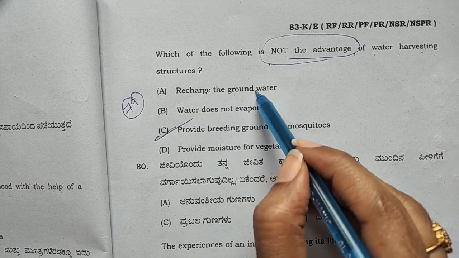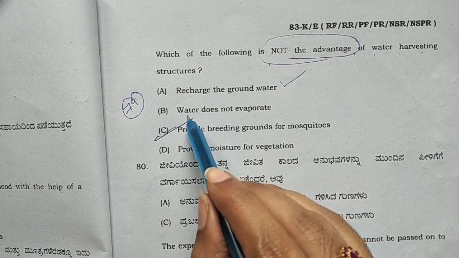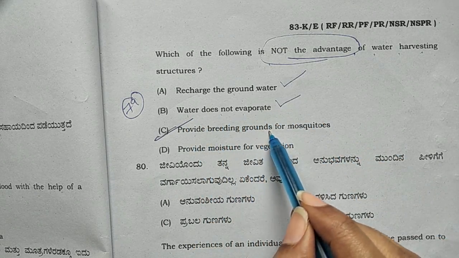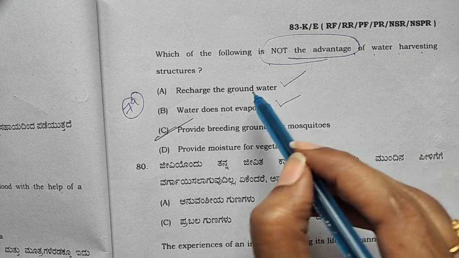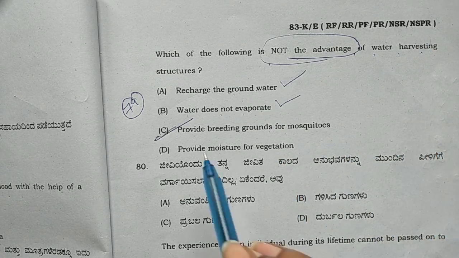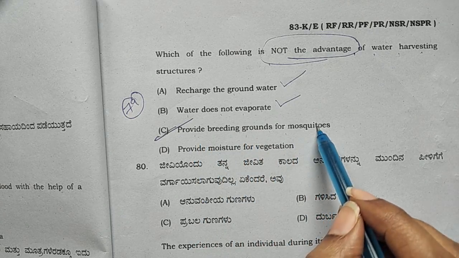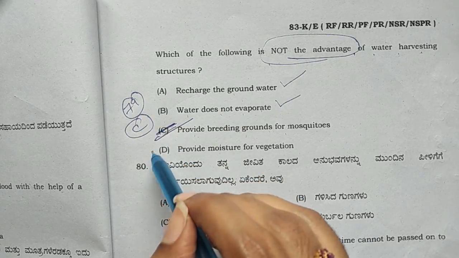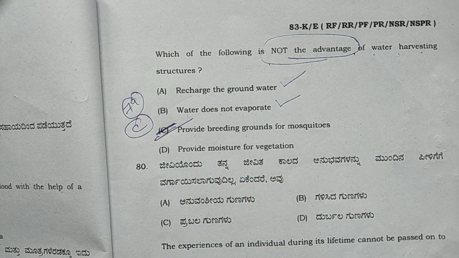Option A, recharges the groundwater, advantage. Water does not evaporate, advantage. Provide breeding grounds for mosquitoes. Actually, water harvesting structures should not provide breeding grounds for mosquitoes, right? So this is not an advantage. So option C is correct for the 79th question.